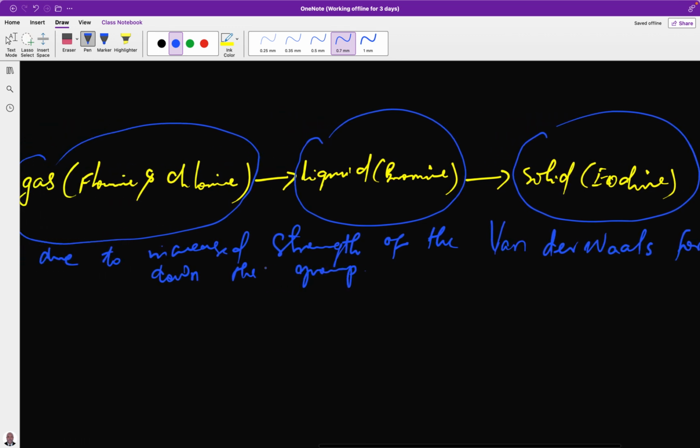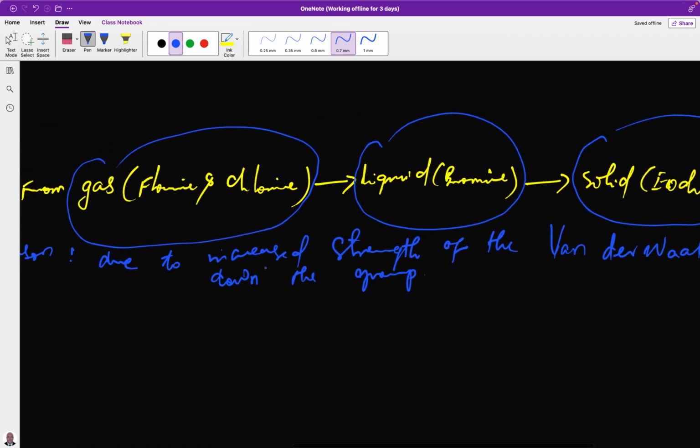So the physical state of the element down the group changes from gas, that is fluorine and chlorine, to liquid, that is bromine, and finally to solid, which is iodine, due to increased strength of the van der Waals forces.